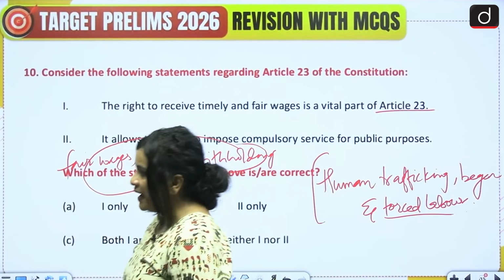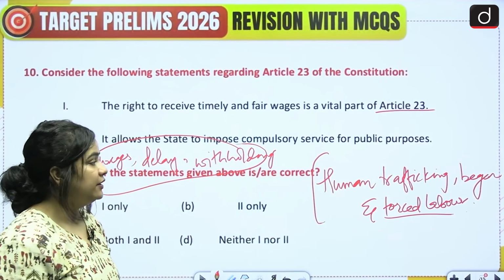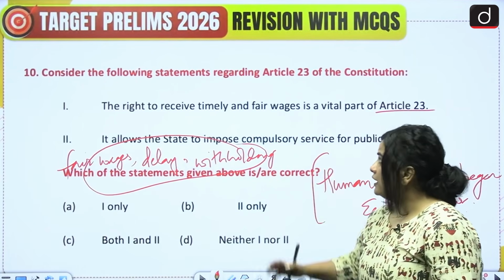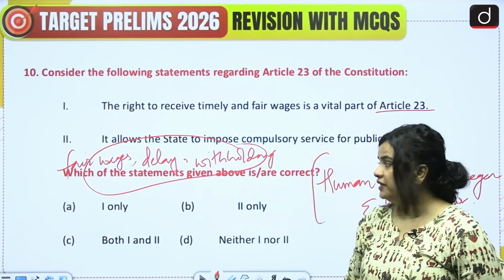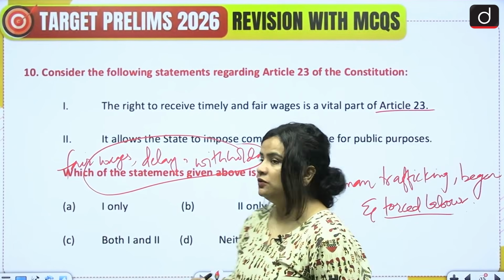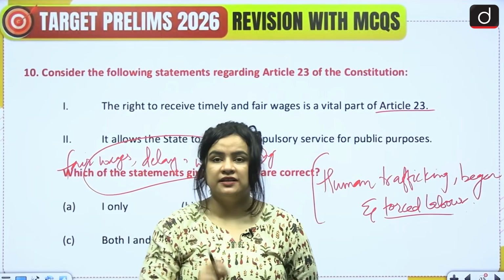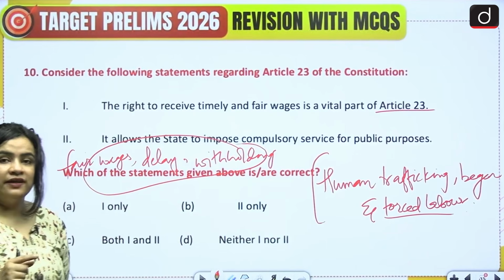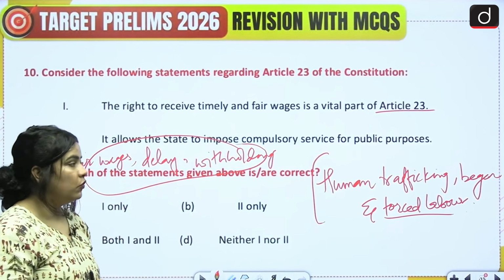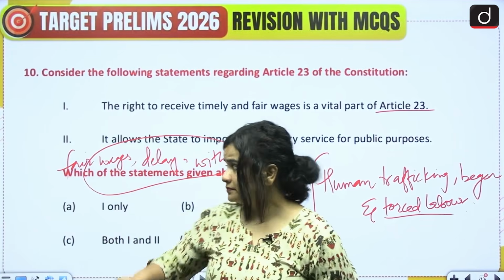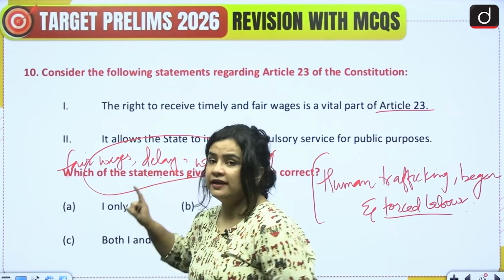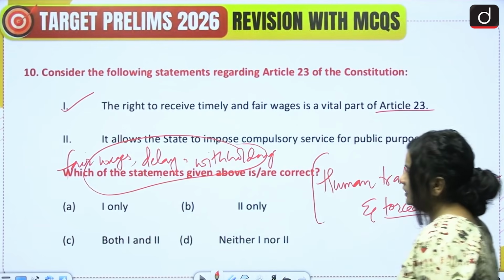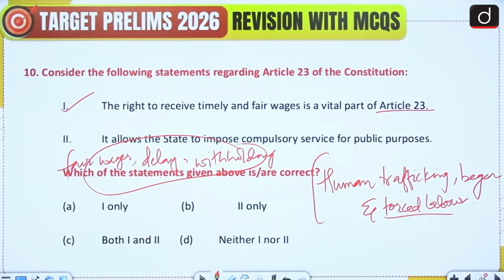So our judiciary expanded the scope of Article 23 and said not only the explicitly obvious forms of forced labor are punishable under Article 23, but also any labor where fair minimum wages are denied, or where the wages are delayed, or where they are withheld or not given at all to the concerned person. That would also be problematic and be considered as forced labor. So here, this is statement 1 and it is accurate.